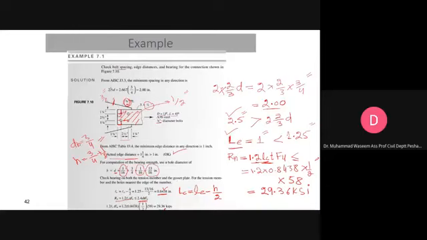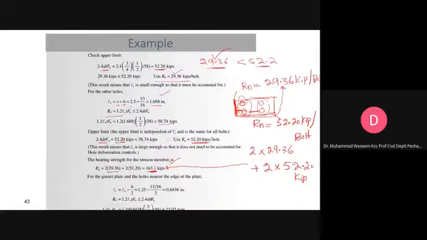Only the thickness is different. So the spacing will be the same, but you have to evaluate the bearing strength only. In the bearing strength, I hope I'm not making it very boring for you, Rn is equal to 1.2 Lc t. You see t?